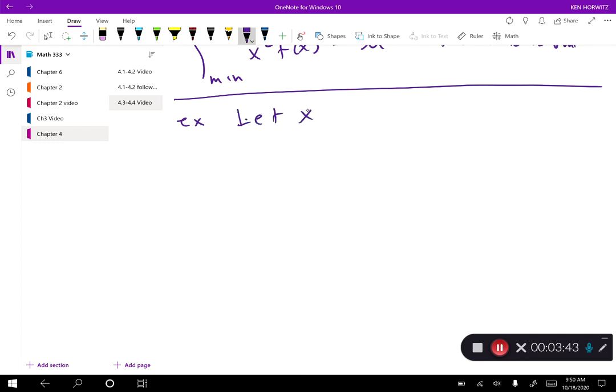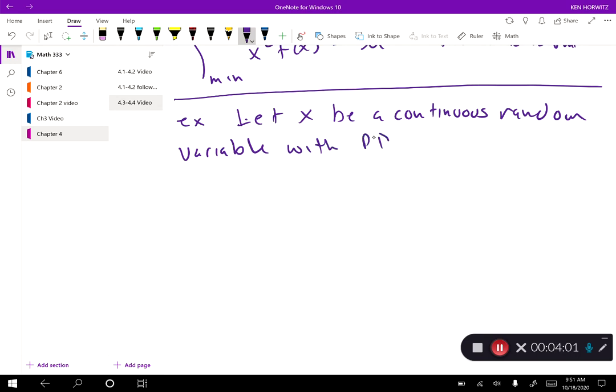Let x be a continuous random variable with a PDF of, there's our f of x, 2x when 0 is less than or equal to x, less than or equal to 1, or 0 otherwise.